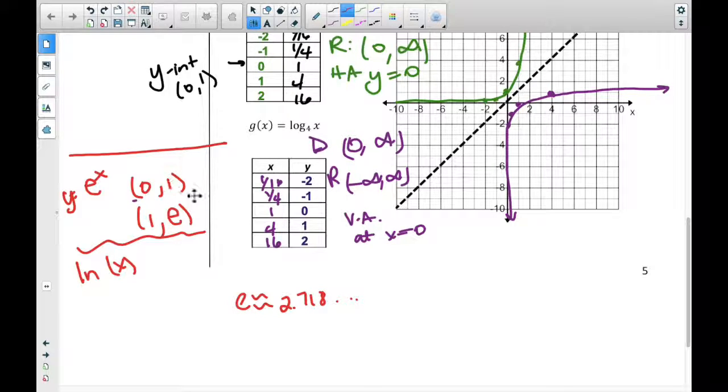So those would be 2 points that we could plot, and then it's going to look really similar to these. And the same thing with the log. The log base e, we call it natural log, but it would have a point at 1, 0, and then the next point would be at e, 1. It would look very similar to this line, very similar. It's just how close is it to the x-axis. But that's how you would graph the natural log, just like we graph all these others.